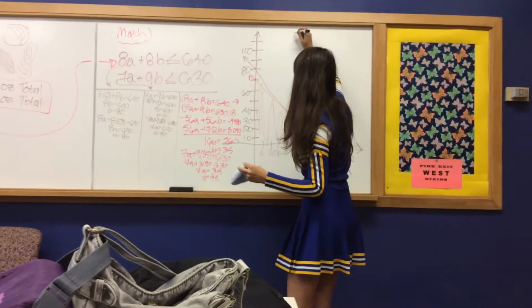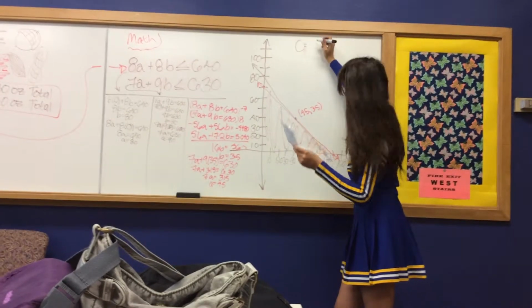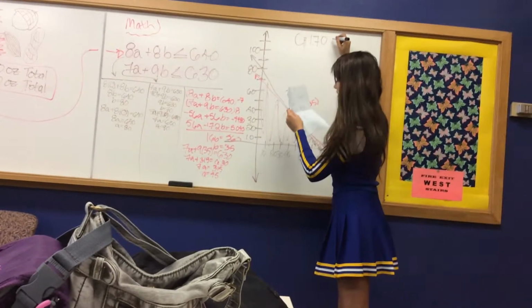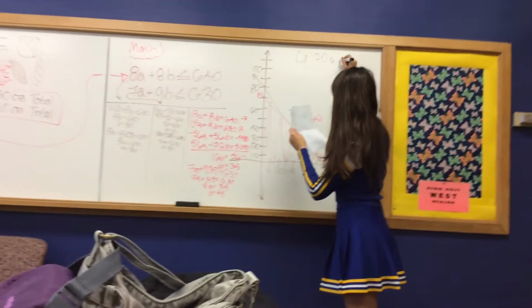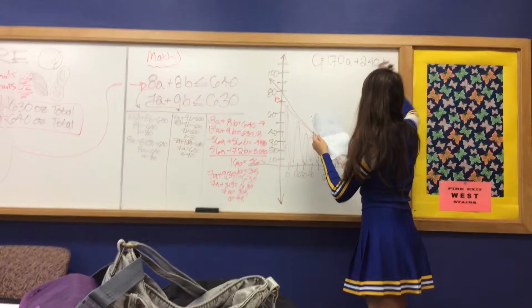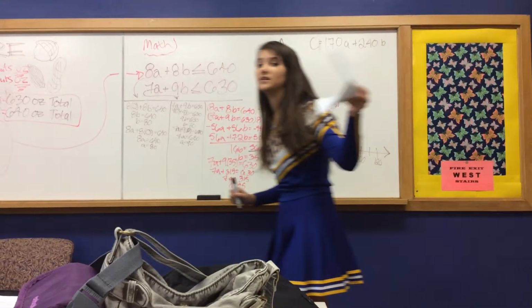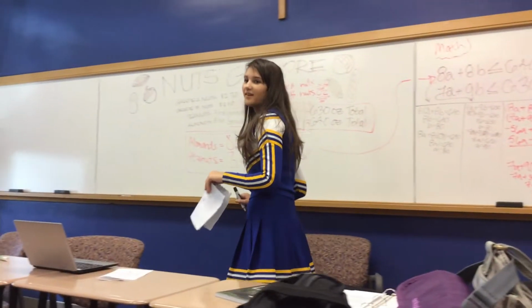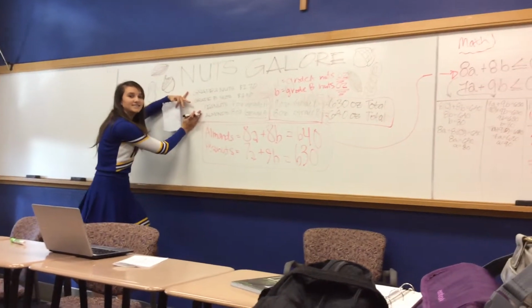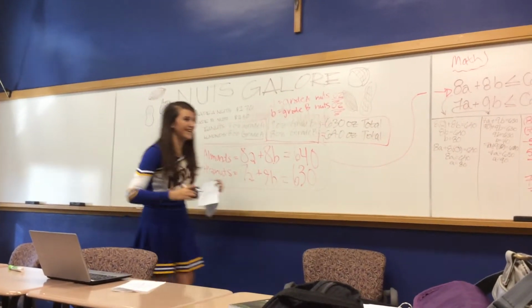We have to plug that into our C equation, which is 1.70a plus 240b, because that's how much each grade of nut costs.